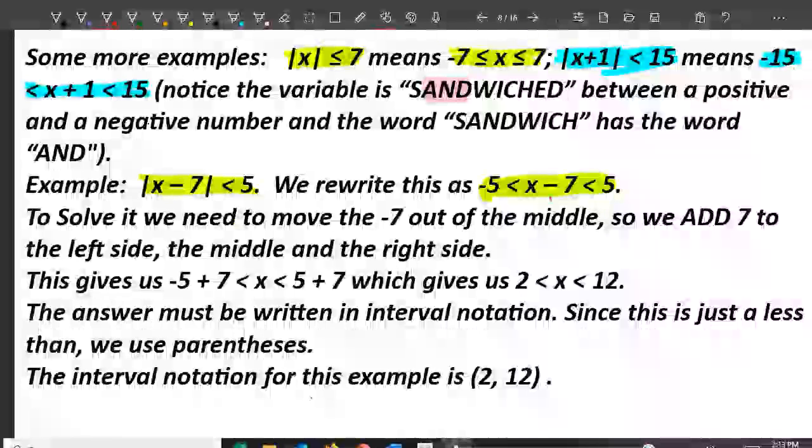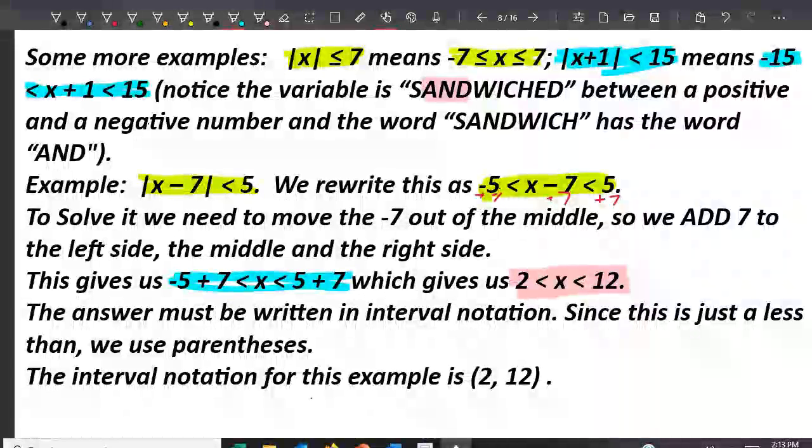Add it to the middle, the right, and the left. So when we do that, we're going to end up with 2 less than or equal to X less than or equal to 12. So here's the step where I added 7.